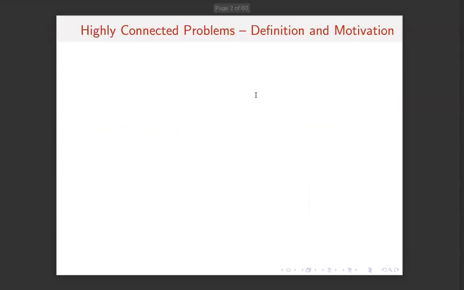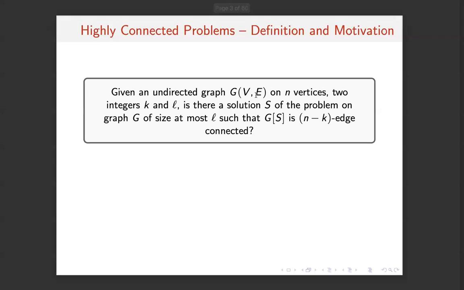So let us first start with the problem definition and motivation behind the problem. Given a graph G on n vertices, two integers k and l, the problem asks whether there exists a solution S of size at most l such that G induced on S is n minus k edge connected.